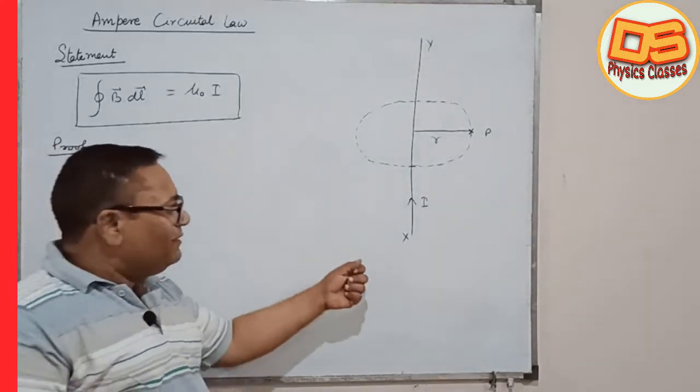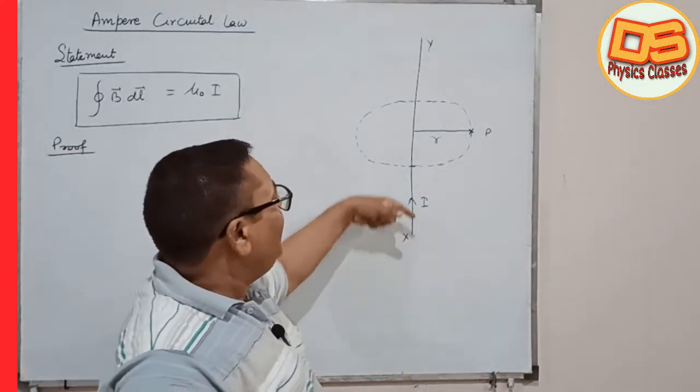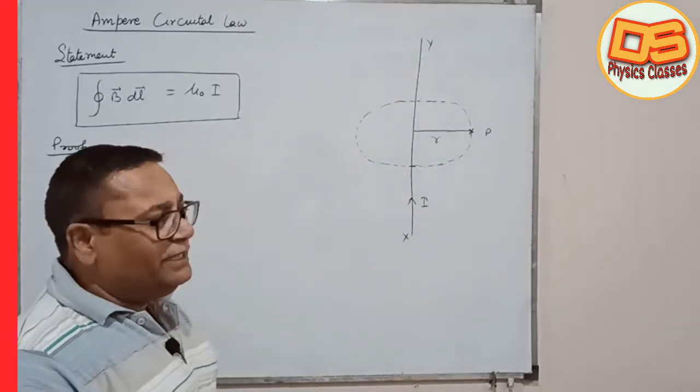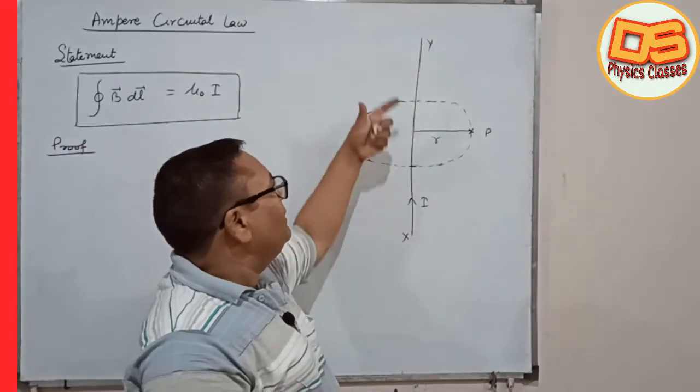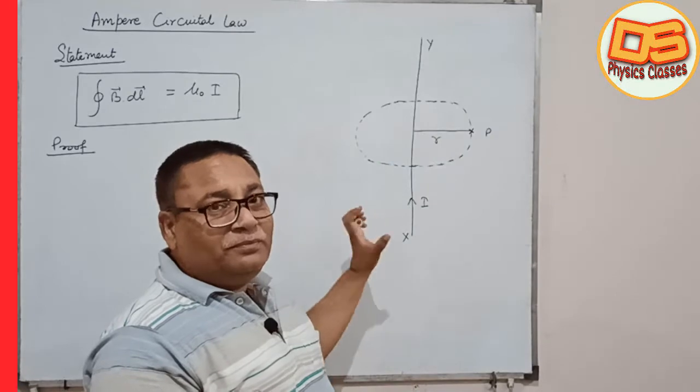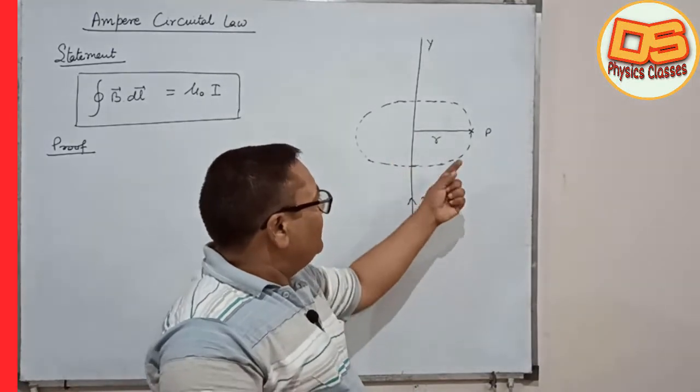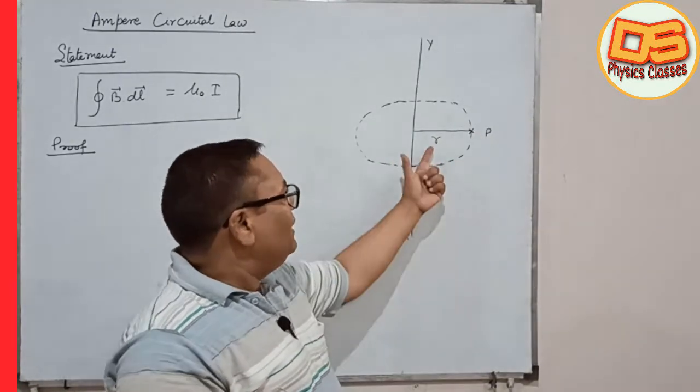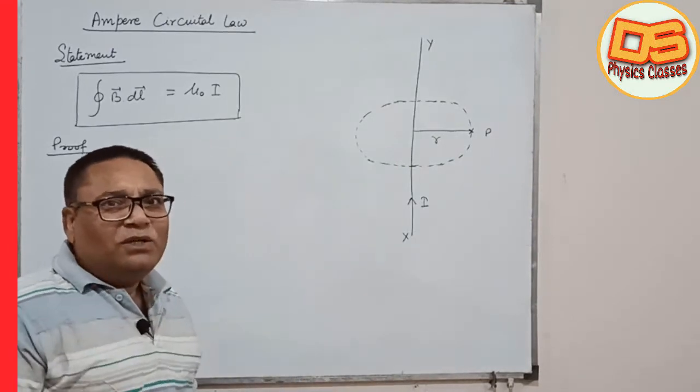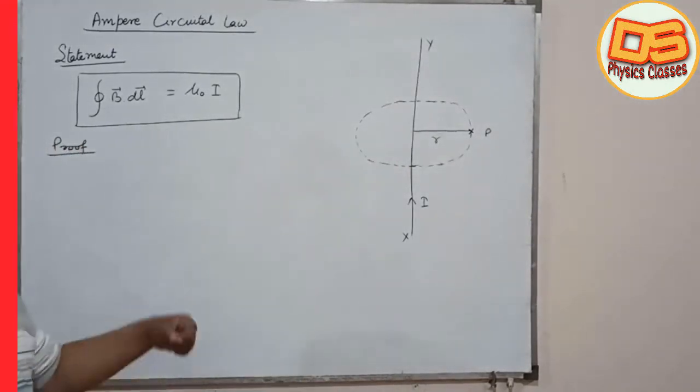First, let us consider a straight infinite long conductor having the current I through it. Let there be a point P at a perpendicular distance r from the conductor.